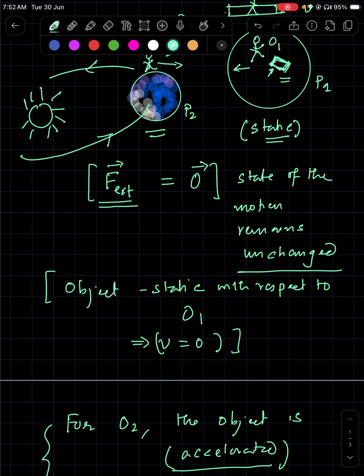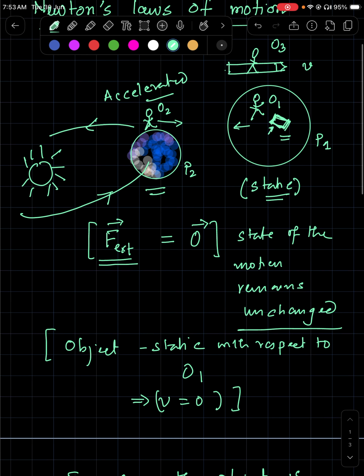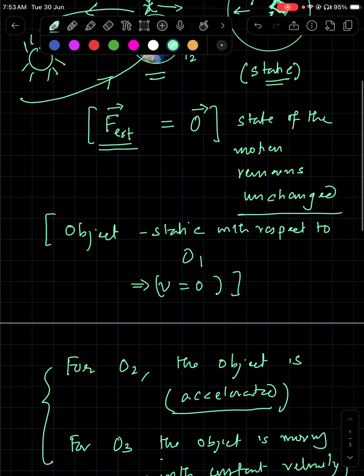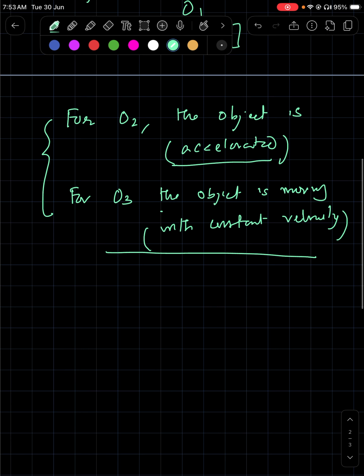A body moving with acceleration, a body moving with a constant velocity, or another person moving or remaining static with the body. There are many observers we can choose. So Newton's first law is actually telling us who the observer is.